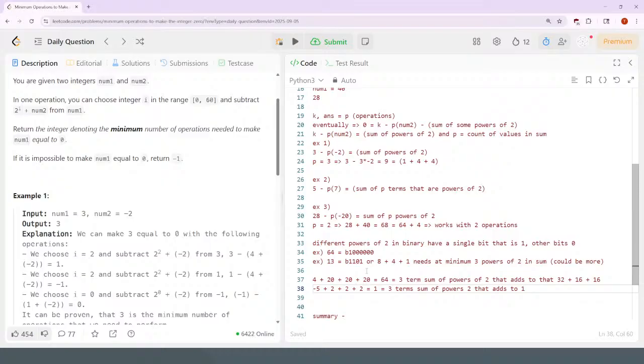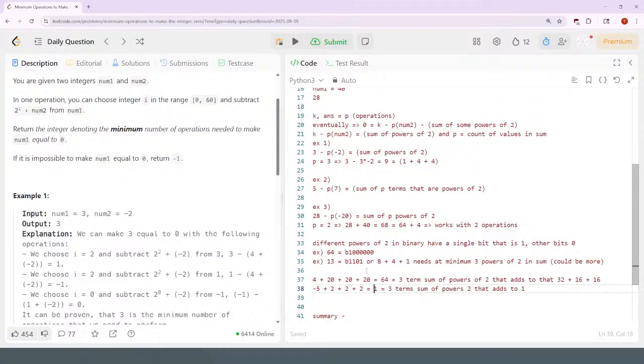It could be 4. 4 would be 2 plus 1 plus 1. 5 would be 2 plus 2 plus 1. 6 is 2, 2, 2. 7 is 4, 2, 1. 8 is 4, 2, 2. Okay. Seven, 4, 2, 2.